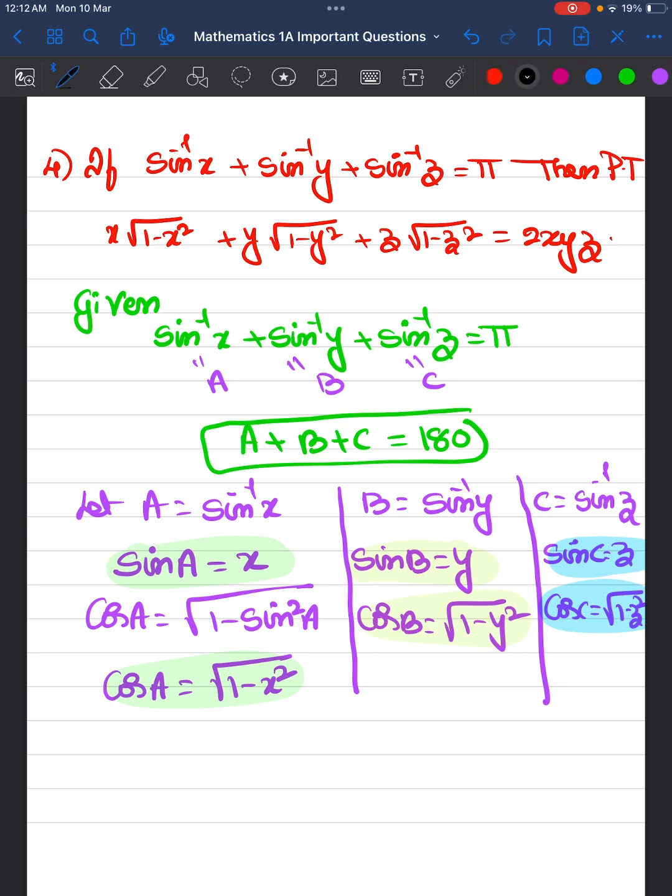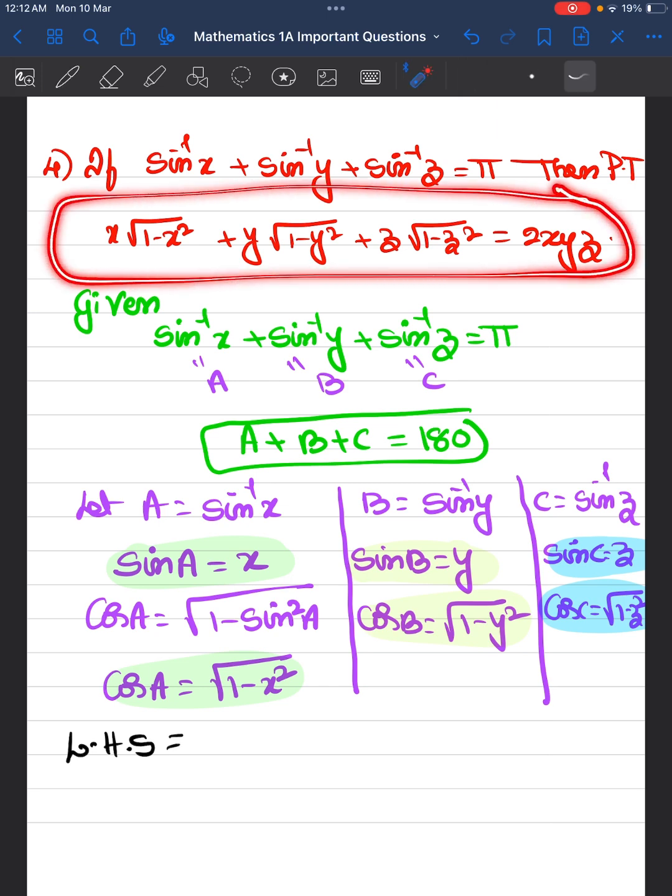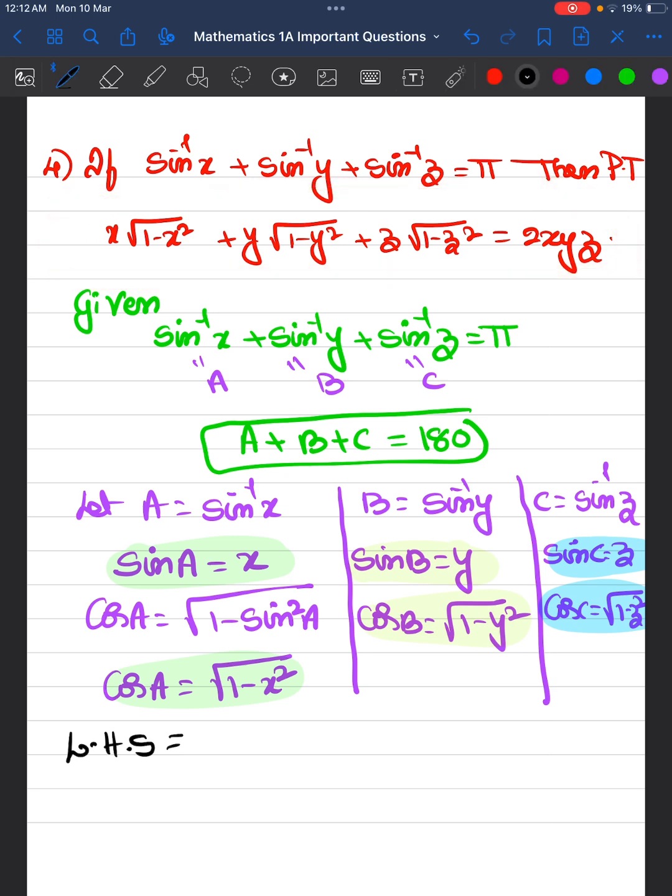Now we are considering the LHS to find the RHS. In the question, what we need to prove is x into root 1 minus x square plus y into root 1 minus y square plus z into root 1 minus z square is equal to 2xyz. That's why I am considering the LHS: x into root 1 minus x square plus y root 1 minus y square plus z root 1 minus z square.